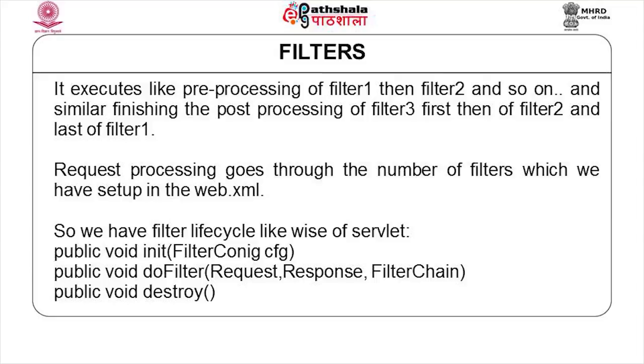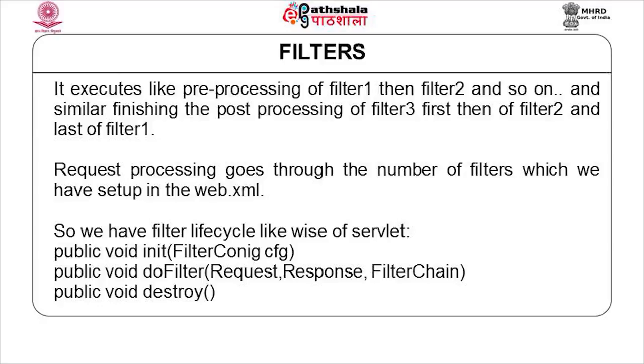A request processing goes through a number of filters which we might have set up in the web.xml file. So, we can write our implementations of filter. As far as filters are concerned, we know there are only 3 methods: the init method with filter config, and the do filter method with 3 parameters.